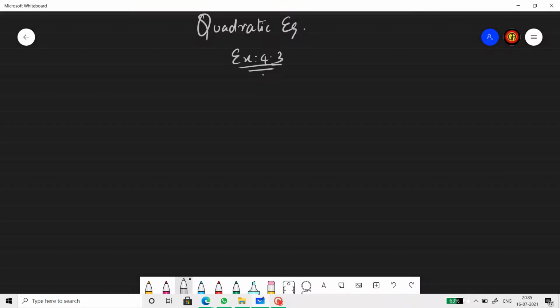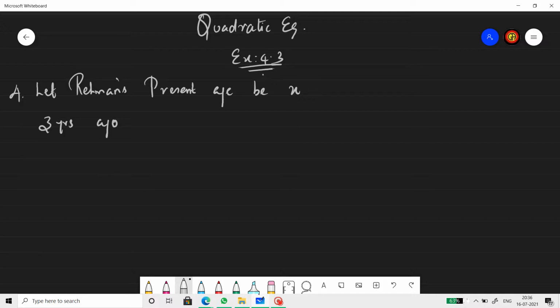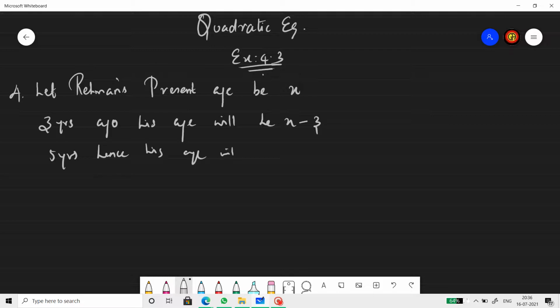So when you start it, let Raman's present age be x. 3 years ago his age will be x minus 3. 5 years hence his age will be x plus 5.